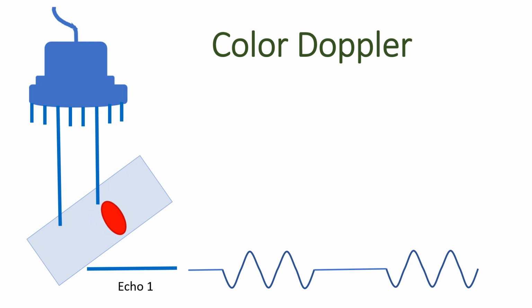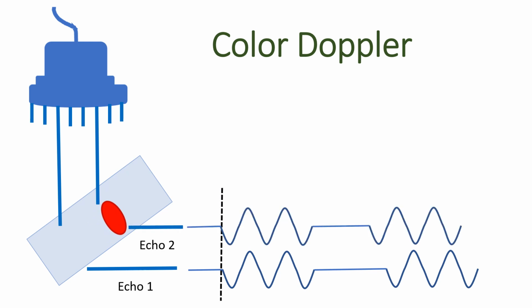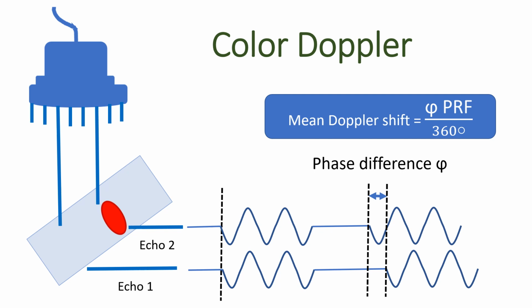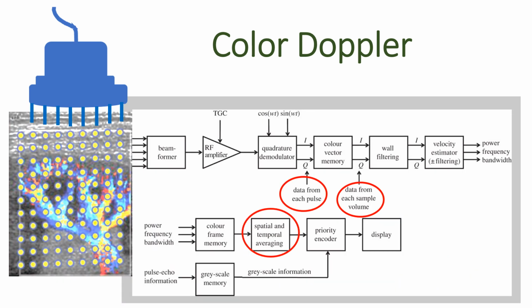The second echo comes back at a different phase of the signal. This phase difference is measured and the mean Doppler shift is calculated. The difference is obtained from 8 to 16 samples per each line of the ultrasound beam. Then the data undergoes spatial and temporal averaging, and a two-dimensional color map is displayed.